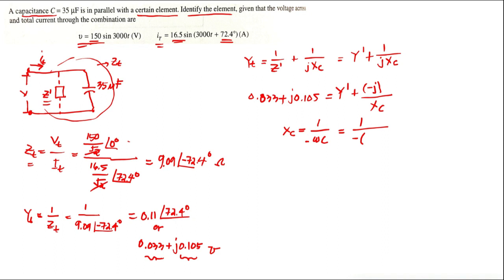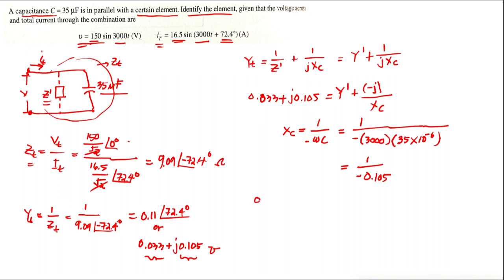Omega is given here as 3000, and also 35 microfarad is changed to farad, so this is 35 times 10 to the negative 6. If you are going to use your calculator, 3000 times 35 times 10 to the negative 6, it becomes 1 over negative 0.105. Okay, so that is the value of your x sub c.